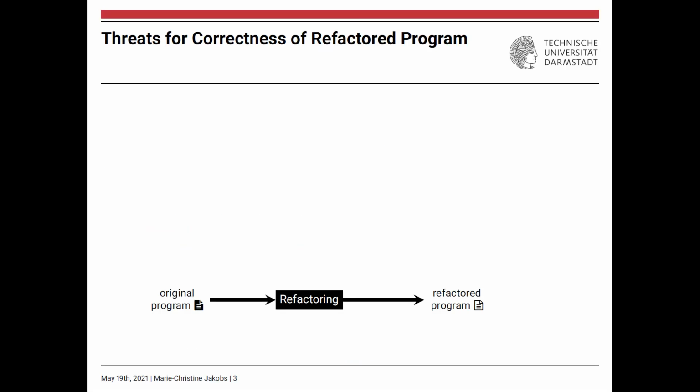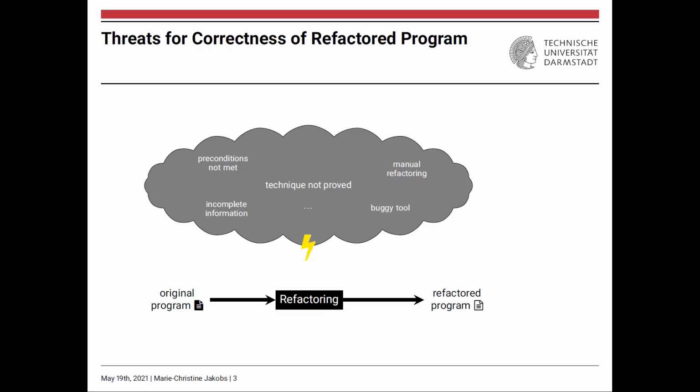So we have an original program and we perform a refactoring which changes the original program into a refactored program. And this change, whatever the refactoring does, does not automatically guarantee that the refactored program is correct. There are several reasons why a refactoring may threaten the correctness of a refactored program.